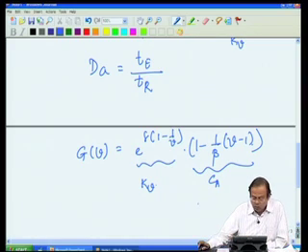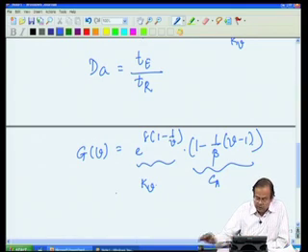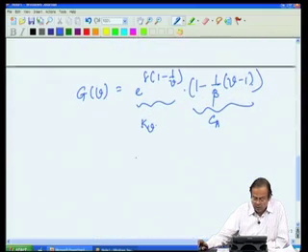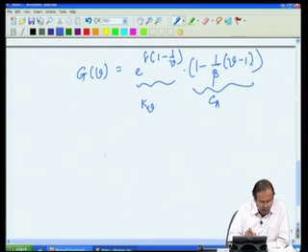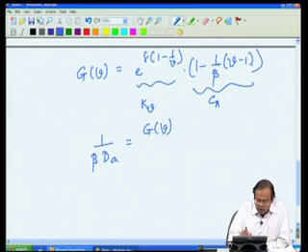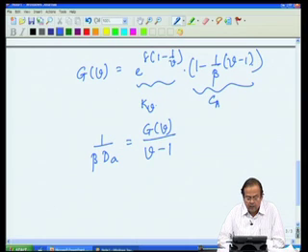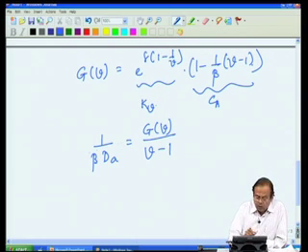So, let's put these two together. What this equation is doing is our mass and energy balance, so let's rewrite that energy balance differently. We get 1 over beta into Damkohler number as G over V divided by V minus 1. Let me recap once again.